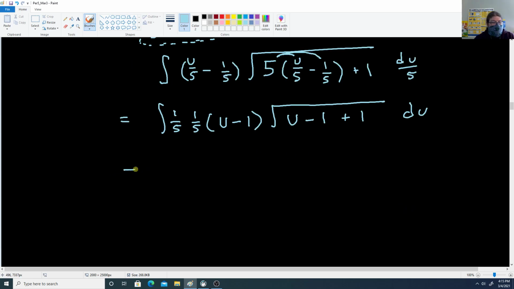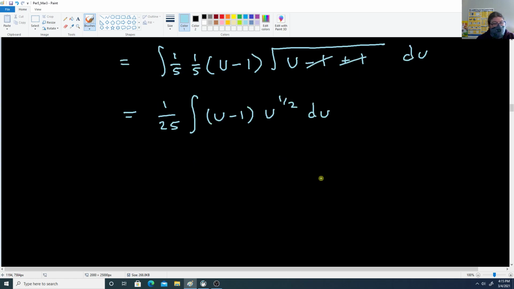Okay, so next up, 1/5 times 1/5 is 1/25, and I'm going to push that out in front of the integral. You can push constants through the integral, so we're going to do that to make the leftover stuff a little bit easier to see. Minus 1 plus 1 cancel, so I have the square root of u, which is the same as u to the 1/2 power, and then out here I have a du.